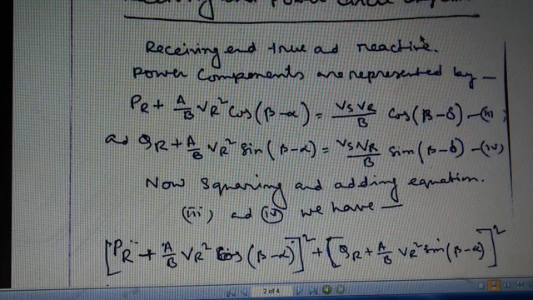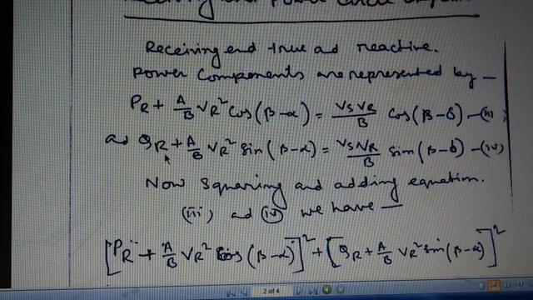The equation: PR plus A by B Vr square cos beta minus alpha equals Vs into Vr by B cos beta minus delta. That is equation number 3. This equation was also discussed in previous classes.